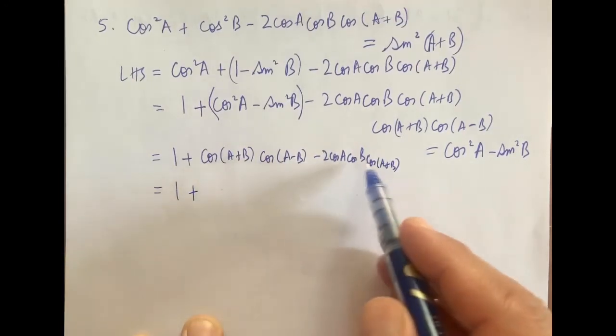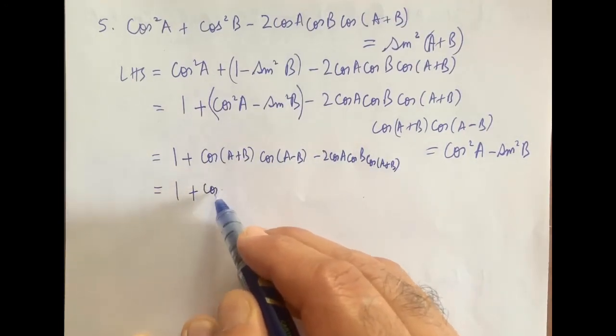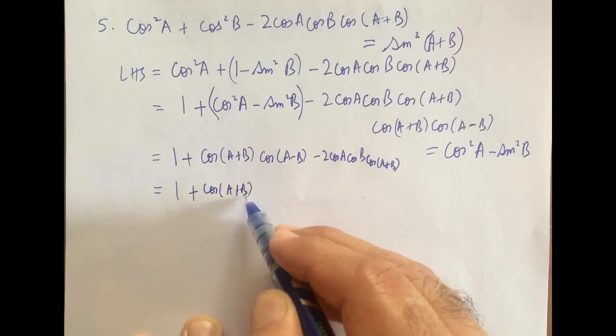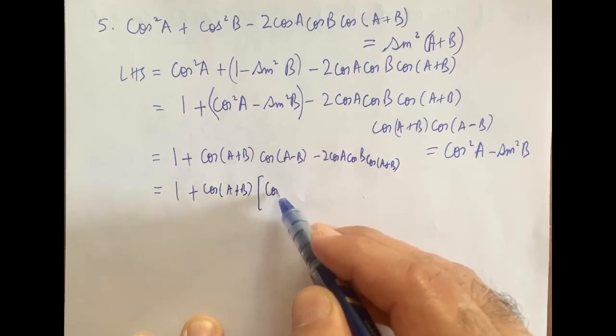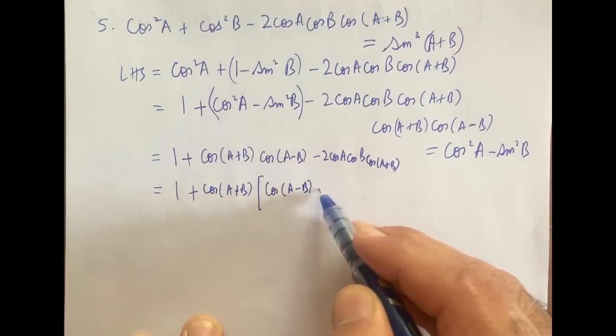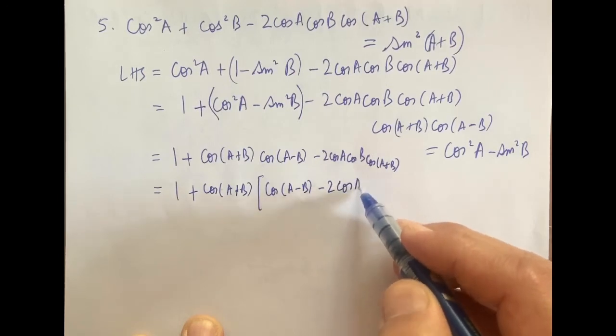Now from these two, let's take cos of A plus B common, and inside it's cos of A minus B minus 2 cos A cos B.